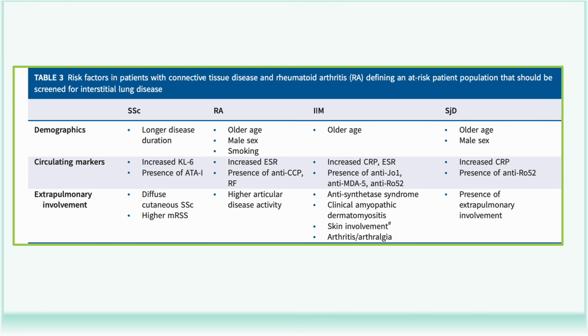And from my last video also, from the 2023 guidelines, this was very clear: when you look at anti-CCP, if the marker anti-CCP is high, there is a direct risk of an ILD in your patient with rheumatoid arthritis. So remember the take home that in such cases, whether you're a rheumatologist or a physician or a pulmonologist, you must look at screening. And higher articular disease activity also will correlate.